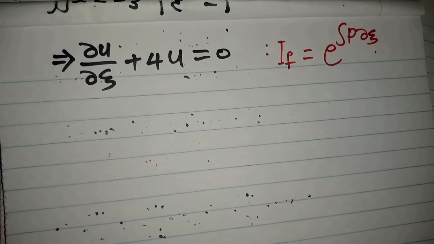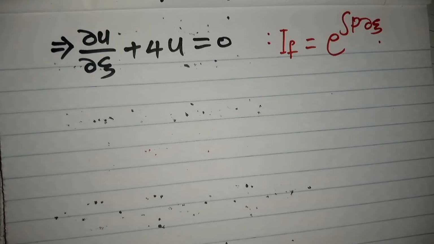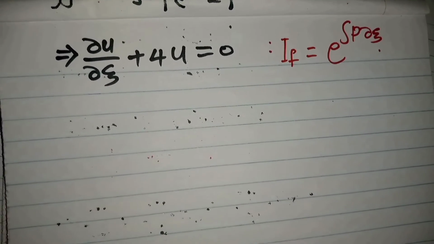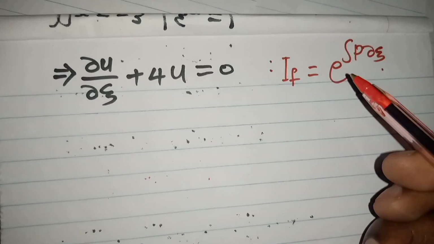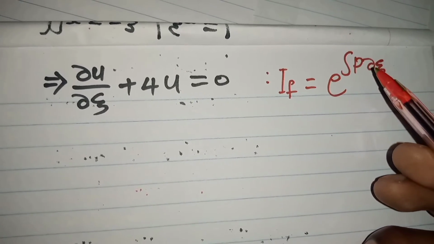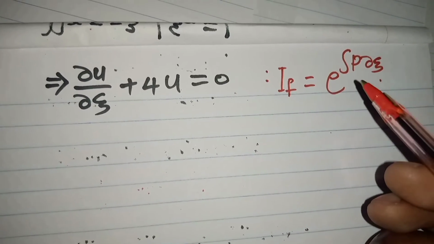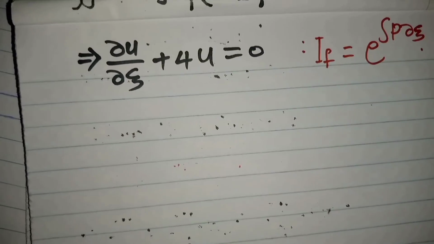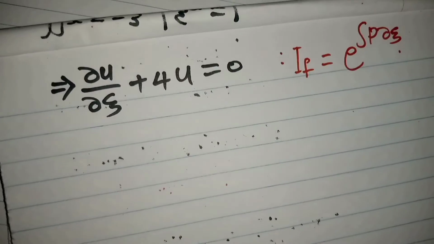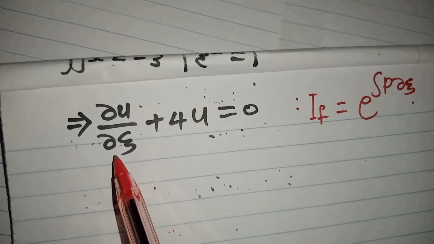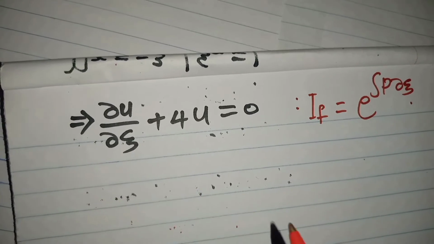We said that the integrating factor is given by exponential the integral of p with respect to the independent variable of the function which we are solving. And in this case, we are solving a function with the independent variable xi.